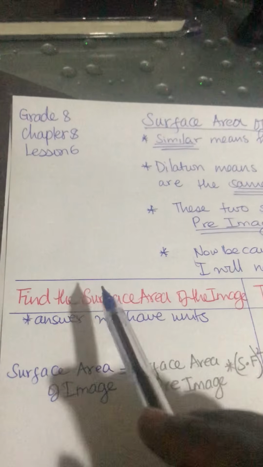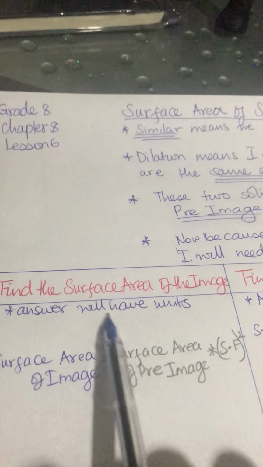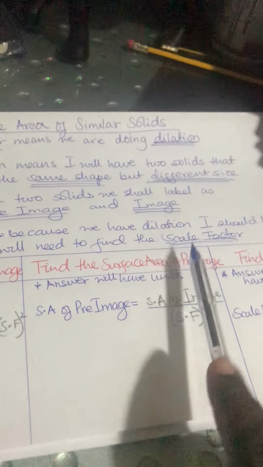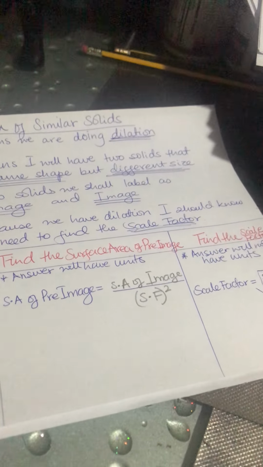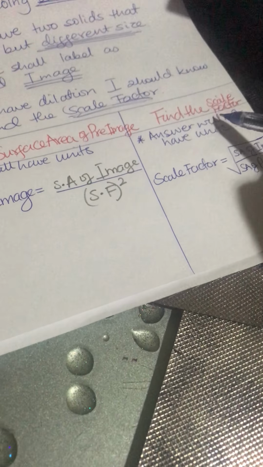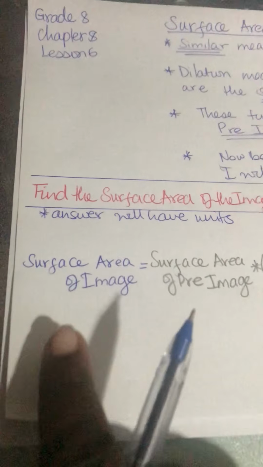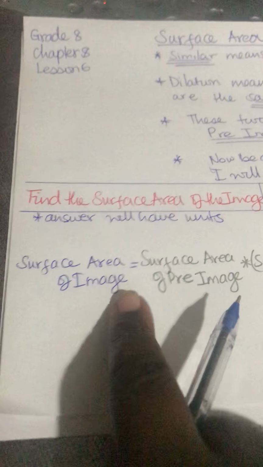Okay? Your answer for surface area of image will have units. Your answer for surface area of pre-image will also have units. And your answer for scale factor will not have units. Okay? So how do we find surface area of image?